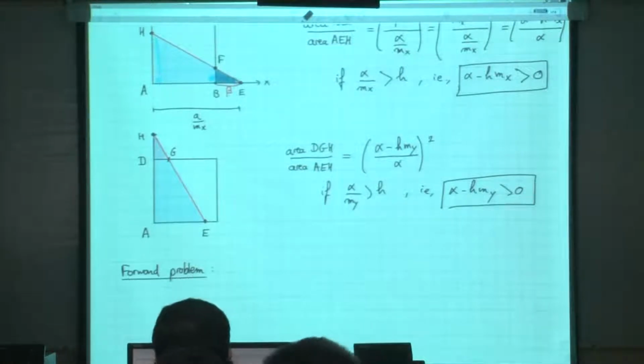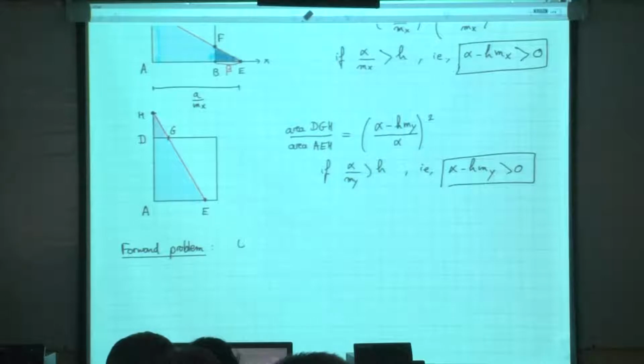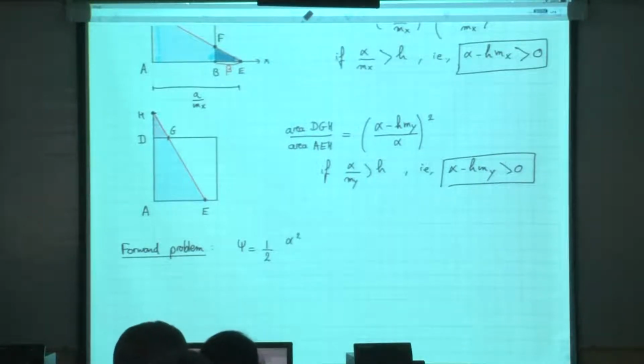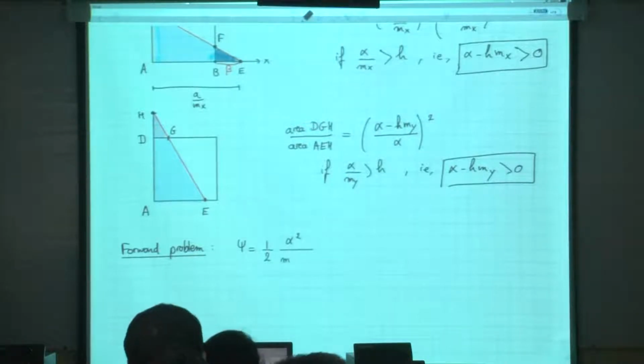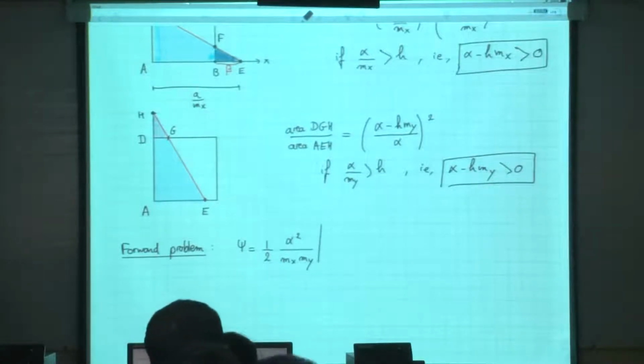I'm not going to put if statements. Instead, I'm going to use Heaviside functions to write everything nicely and compactly. The psi that corresponds to my problem is going to be the area of my triangle of interest, which is 1/2 alpha squared over m sub x, m sub y, corrected in two ways.